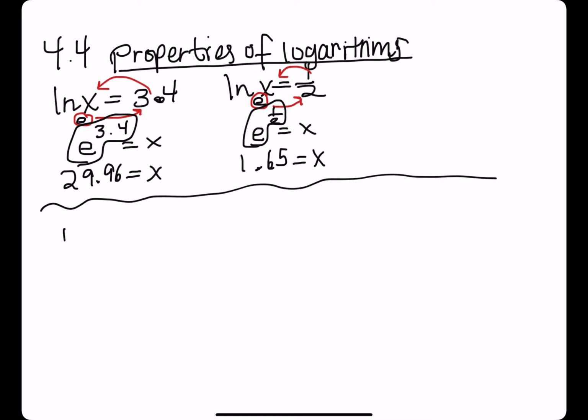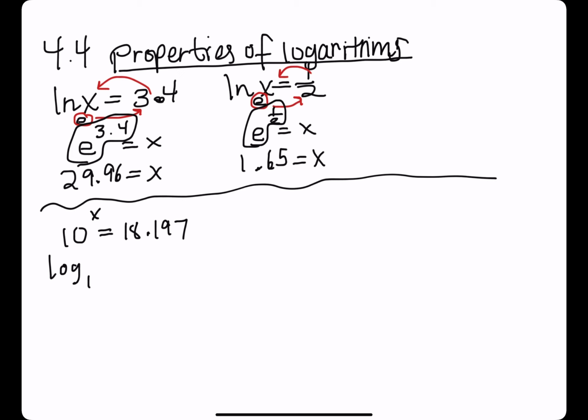So let's change that up, and we'll do 10 to the x power equals 18.197. So now we have base 10, and we're going to turn that into a log.